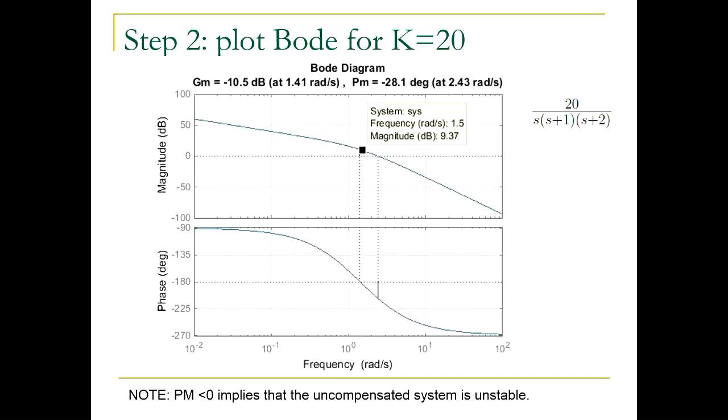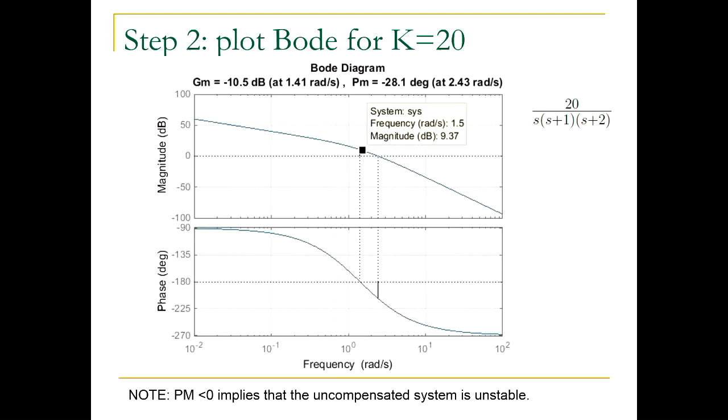So we need to now decide. And by the way, where do we read gain margin? At the point where we cross minus 180 degrees. Because the gain is positive there, the gain margin is actually negative, right? Look, this point here is where we cross the negative real axis in the Nyquist plot.